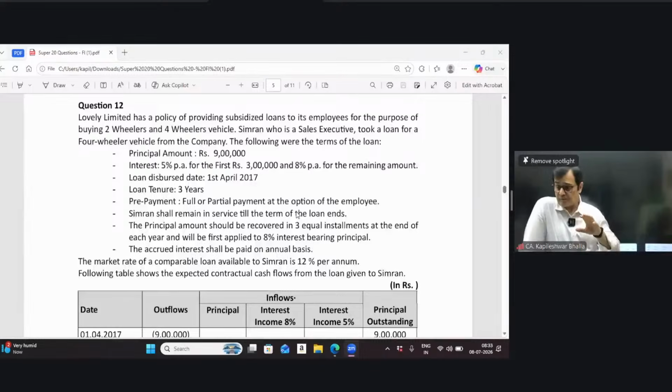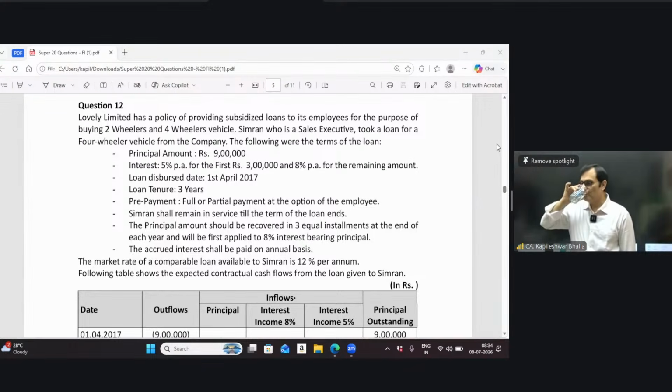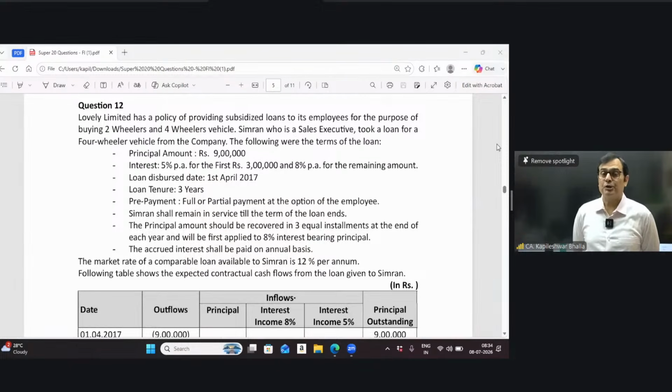Generally, the facts. So I am given, first of all, the inputs. Lovely has a policy of providing subsidy on the loan to employees. The loan term is 3 years. There is a prepayment, full or partial, at the option of the employee. The problem is that once the employee makes a prepayment, the entire schedule will get disturbed.